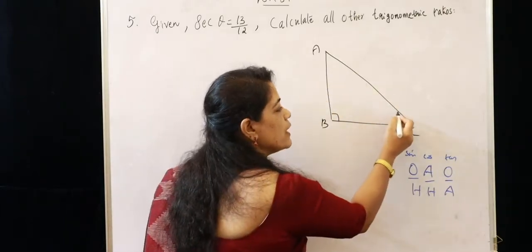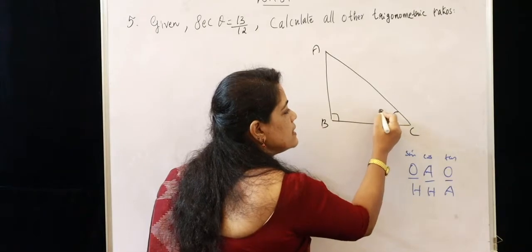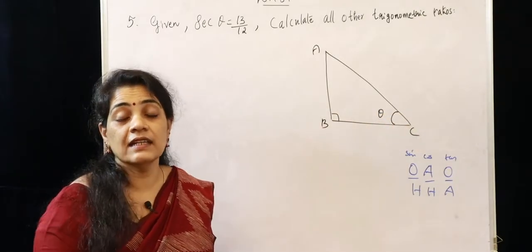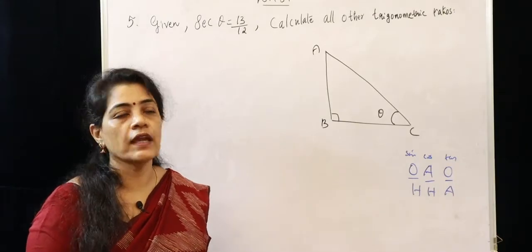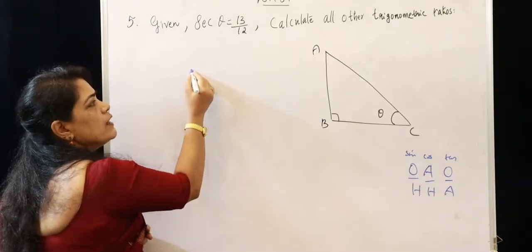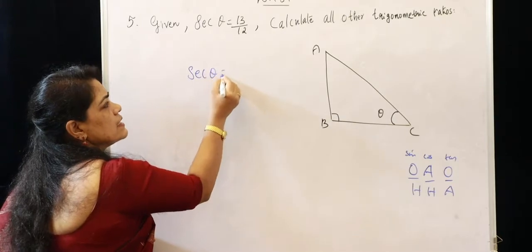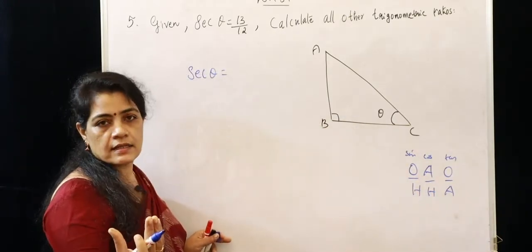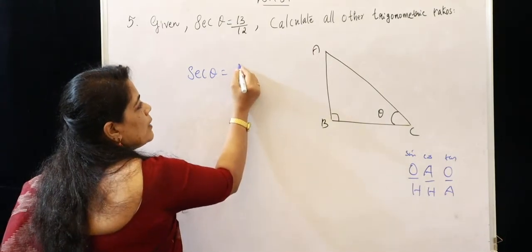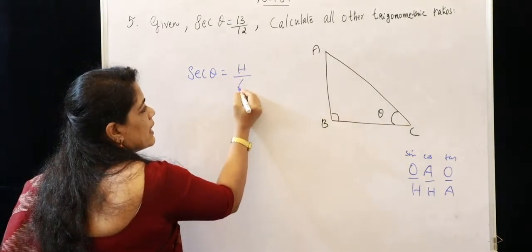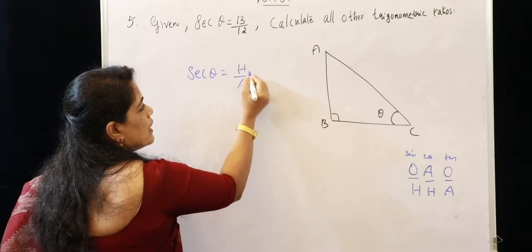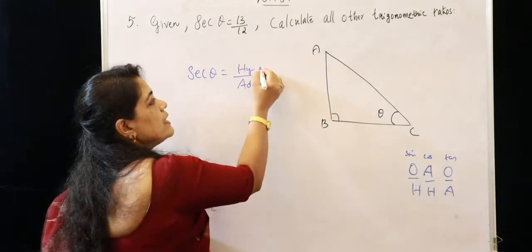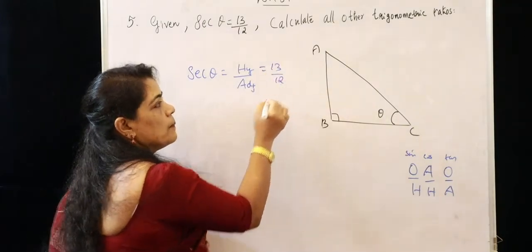Okay, so I am giving angle C as theta, since it is given in terms of sec theta. And see, children, what is sec theta? Sec theta is the reciprocal of cos, that means hypotenuse divided by adjacent side. Hypotenuse divided by adjacent side, and that can be marked as 13 by 12, which is given.